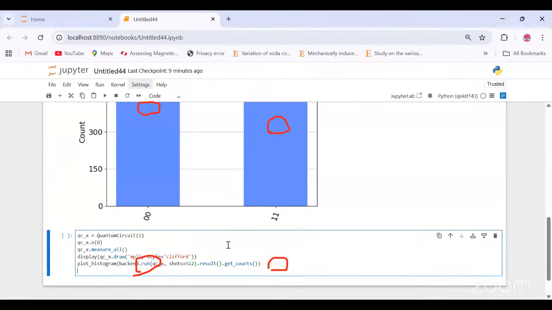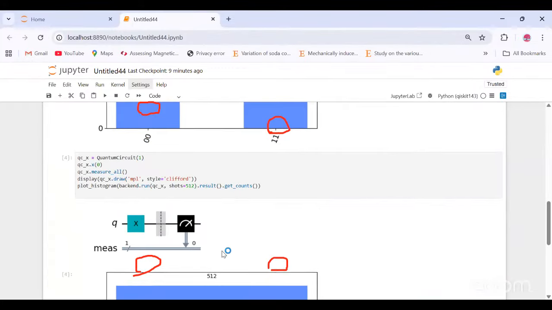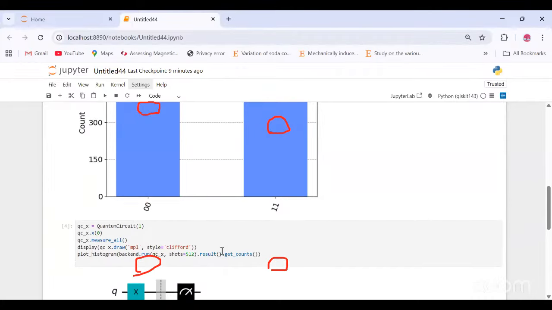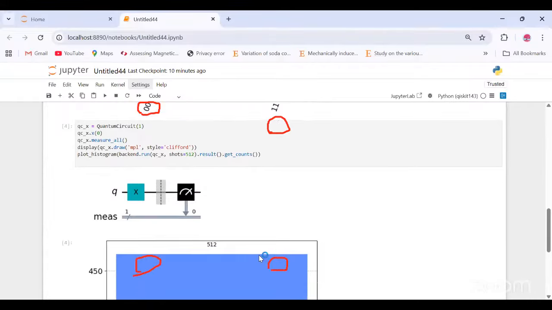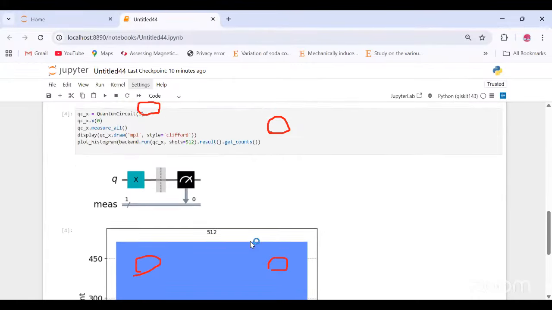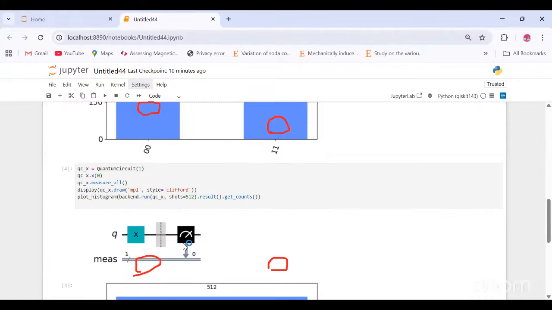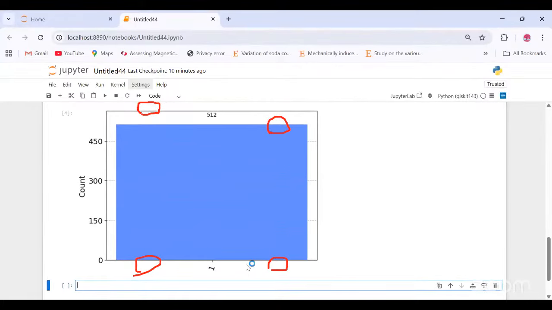So next command I am giving here. I have given all the commands in one shot, the circuit as well as the measurement. So this is the circuit. This X gate we have taken as an input, and then we measure this circuit. After the measurement, just see the histogram.